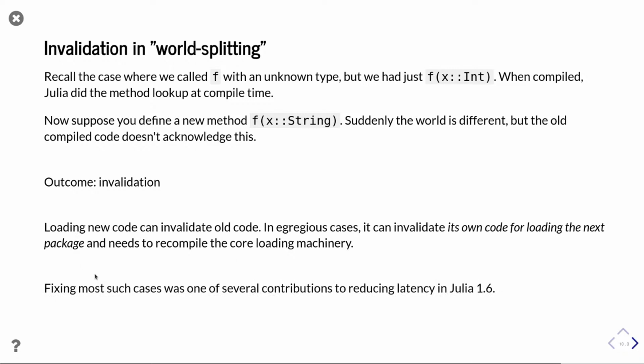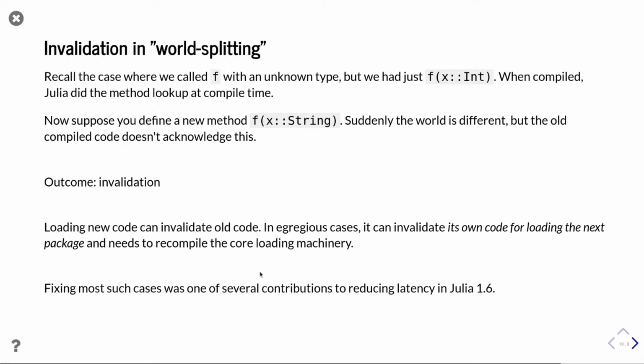We've, I think, made a fair amount of progress on this problem during the development of Julia 1.6, and it was one of several different factors that contributed to reducing the latency in Julia 1.6. This invalidation is not a huge focus of our discussion today, because a lot of the work on invalidation was done in base Julia itself. I'm really trying to make sure that this is directed at package developers, and at least until precompilation becomes more widespread, package developers may not have to fix invalidations in their own packages as much.